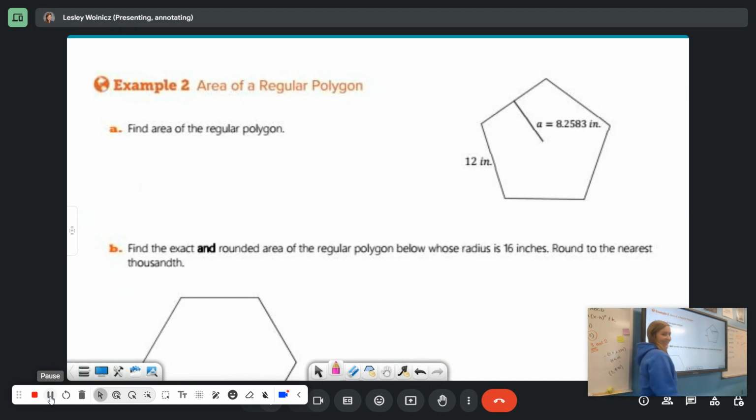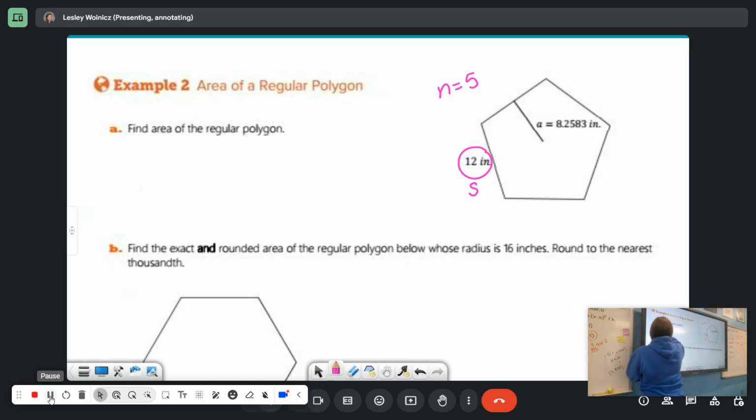I'm so sorry. Okay, so we are finding the area of this regular polygon. So we know that the 12 is our S, that's our side length. The A is our apothem, and our N is our number of sides, and that appears to be 5.